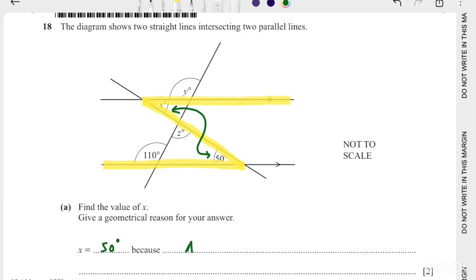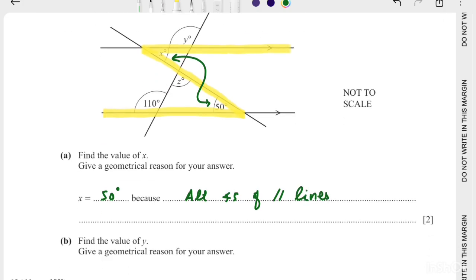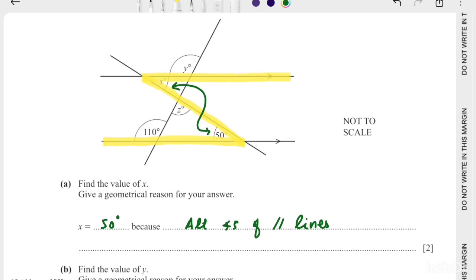So alternate angles of parallel lines we can write here. Now for y, just see, let me clear the previous working.